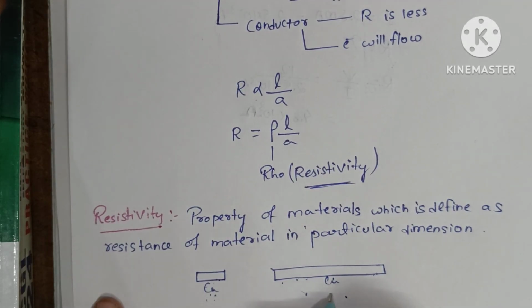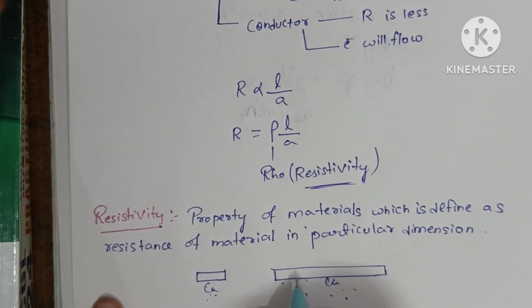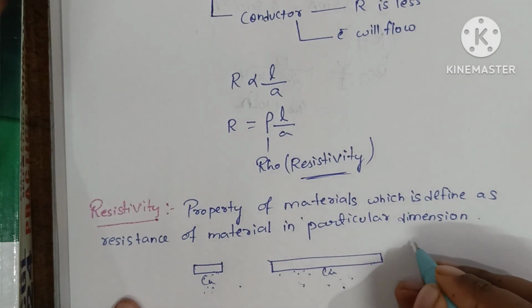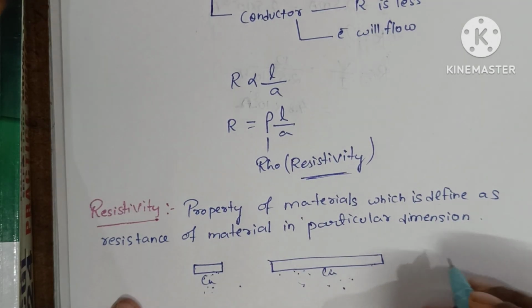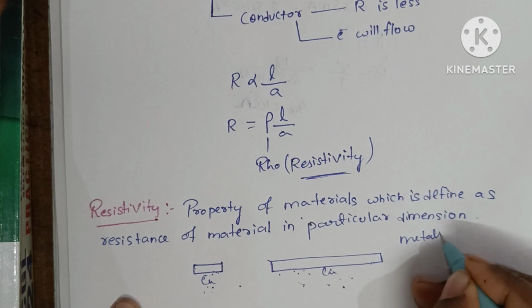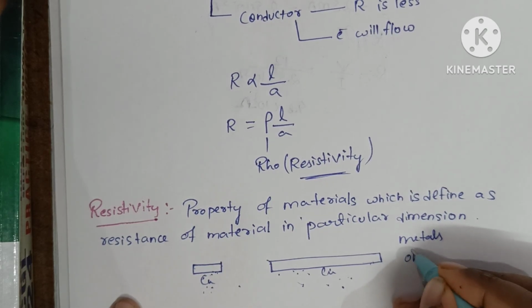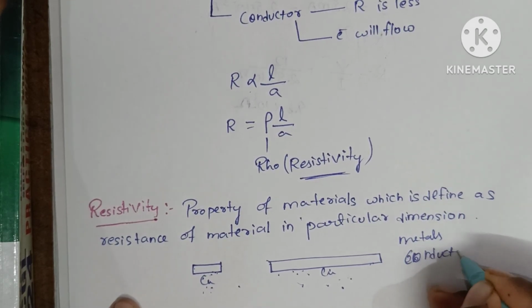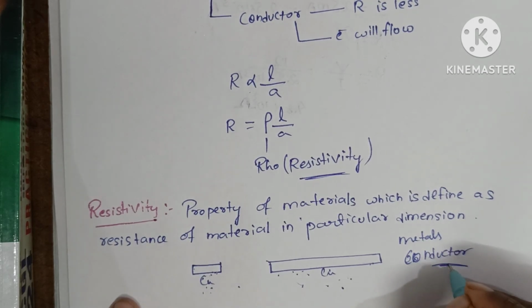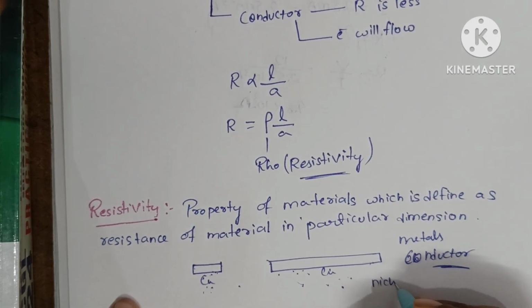So these two are copper wires, but length matters for resistance. For resistivity, it does not depend on length, it depends on the material. If both materials are the same, you will have the same resistivity. In your book you have a list of resistivity values, right? So every metal, or every conductor, has a different resistivity, like nichrome wire, which you discussed before.